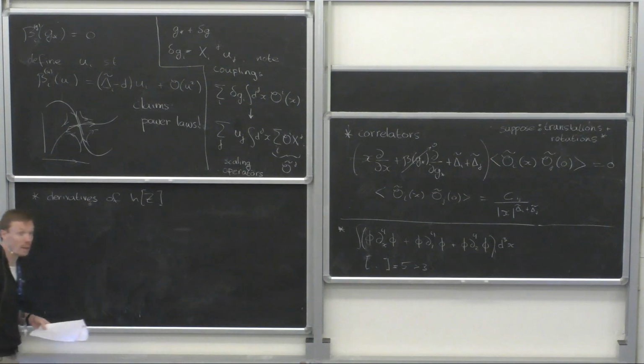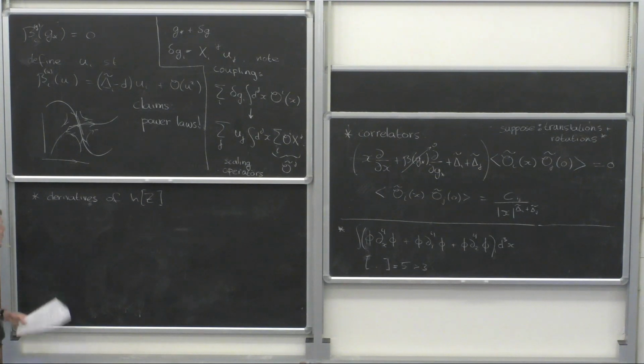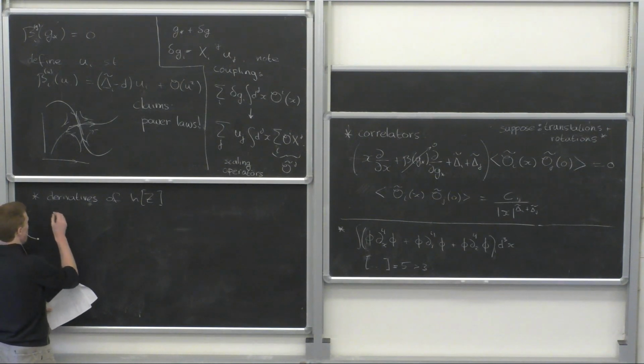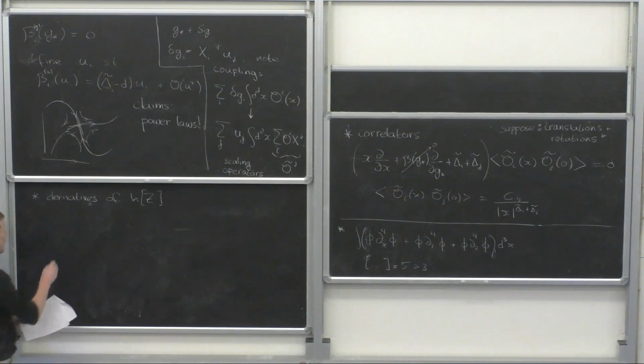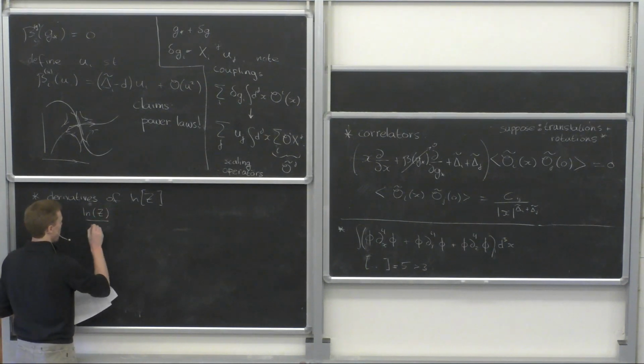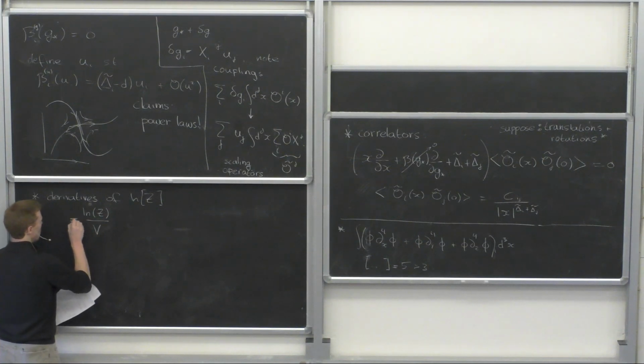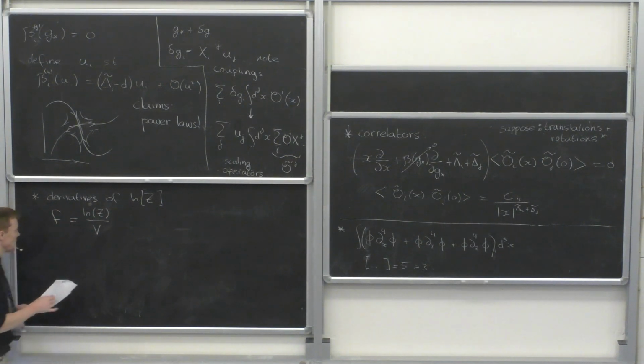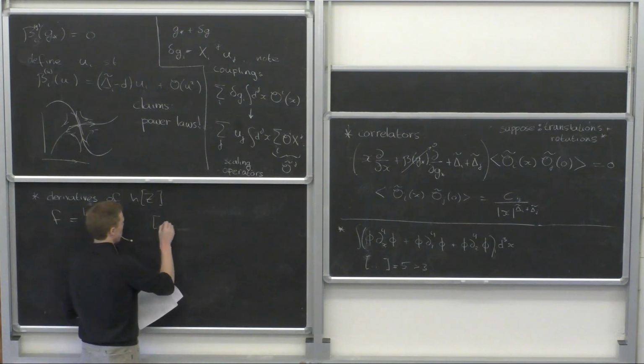Magnetizations, specific heat, all of these things. So more precisely, let's define something log Z over V, where V is some abstract volume, which is the free energy density, roughly speaking.